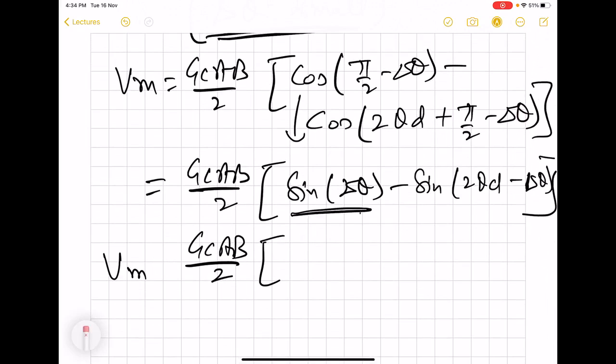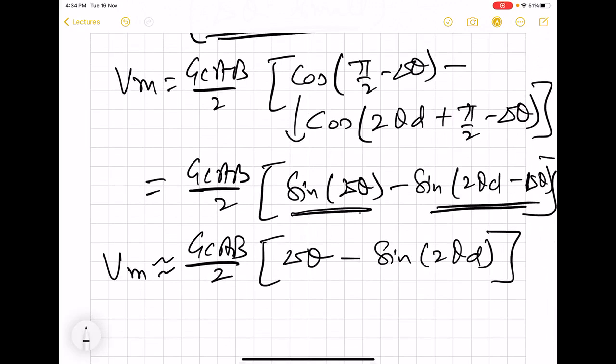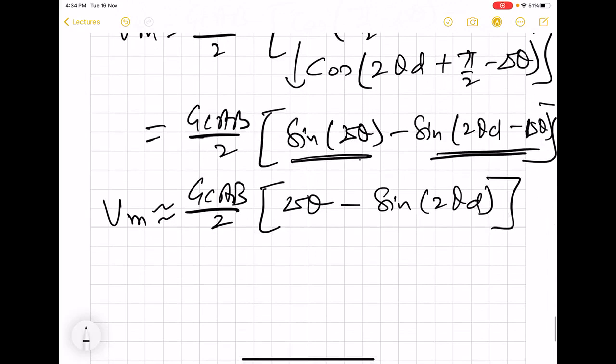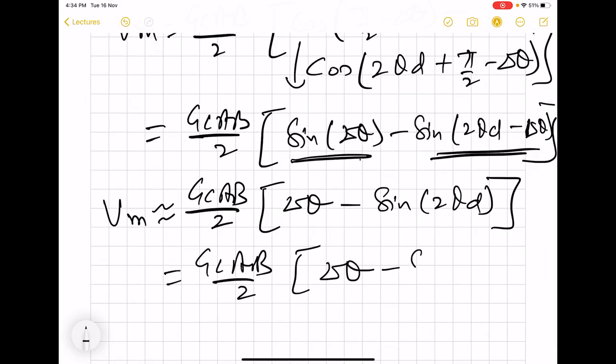And then we will have approximately delta theta minus, and this also can be approximated in this way. So here what we now have is GC AB by 2 times delta theta minus sine 2 omega D t.